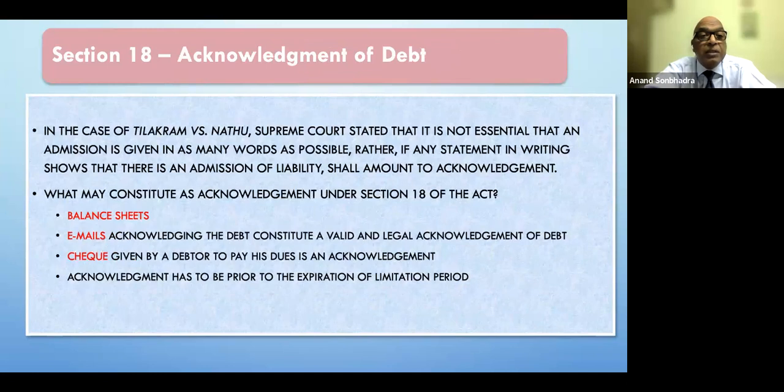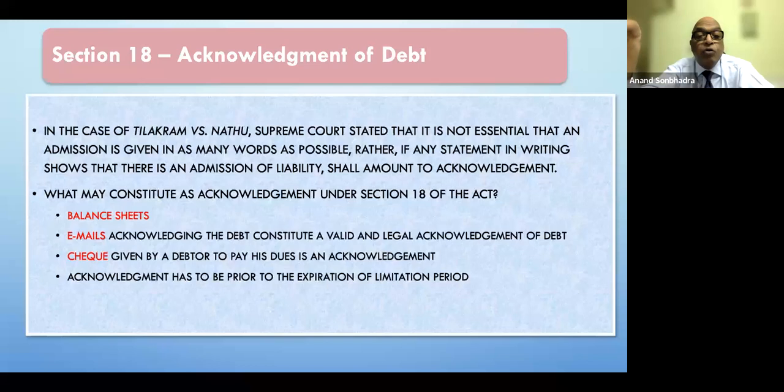Coming to Section 18, in the case of Tilakram versus Nathu, the Supreme Court stated that it is not essential that an admission is given in as many words as possible. Rather, if a statement in writing shows that there is an admission of liability, it will tantamount to acknowledgement. And what will constitute acknowledgement under Section 18? Balance sheets. An email acknowledging the debt constitutes a valid and legal acknowledgement.